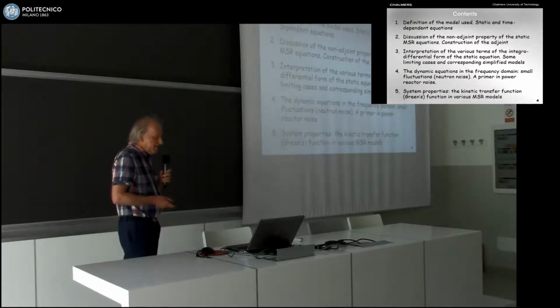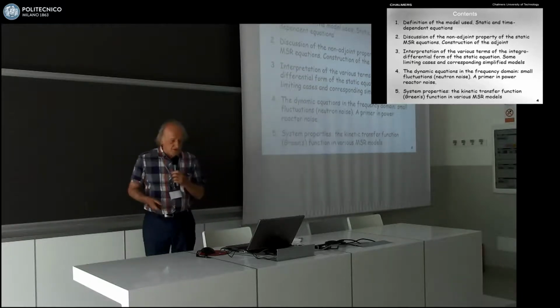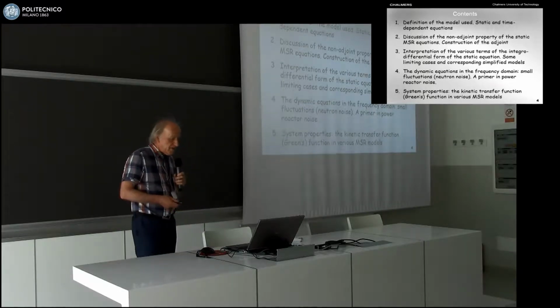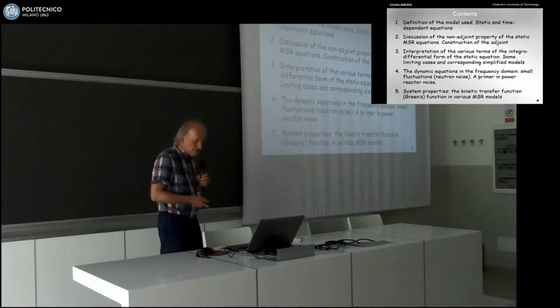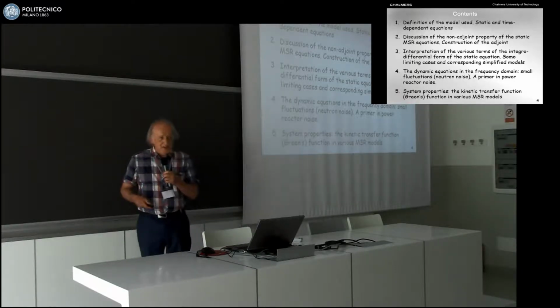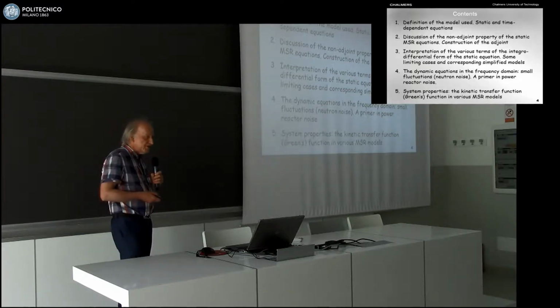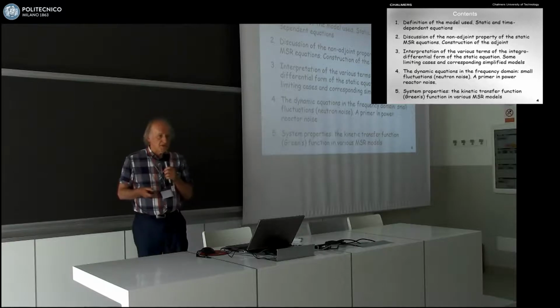So here is a very short content. I will give a definition of the model used, and take the static and time-dependent equation, and then discuss the non-adjoint property, construct the adjoint, and then also take this very, very much simplified neutronic model. I have to add from the beginning, there will be absolutely no feedback in what I'm going to talk about.